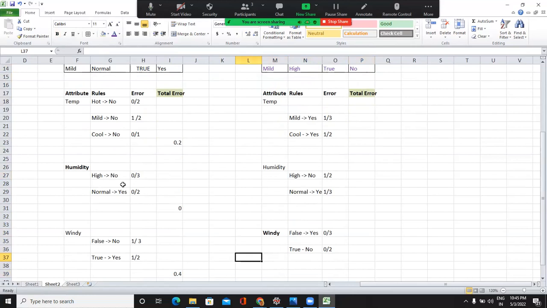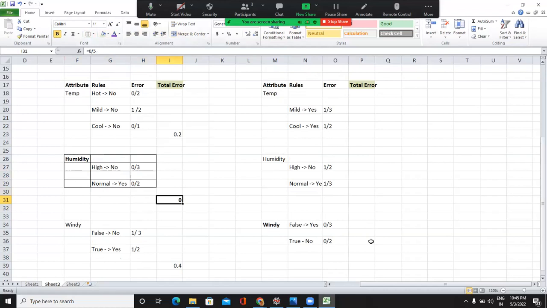Here also 0 error. As we are reaching these 0 errors, these are called leaf branches. If we have reached 0 errors in all the possibilities, then we should stop the tree. We can stop the tree. The total error will be 0/3.